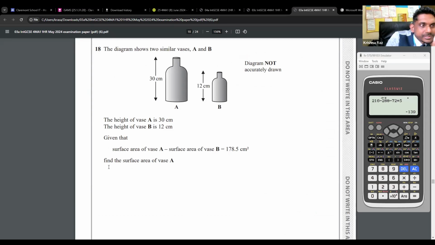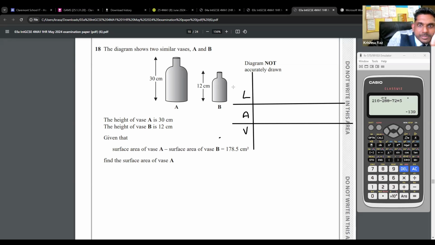So I think this will be the last one of these harder questions that we do. Many of you remember to do length, area, volume. Length, area, volume, and we have shape A, B, and scale factor.